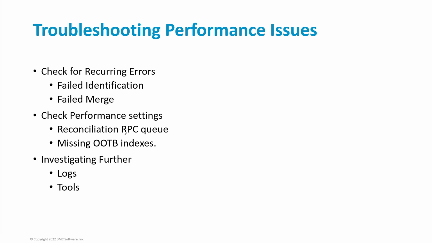We have seen use cases where a reconciliation job runs for hours, but most of the time was used for processing failed data. Once failed data was fixed or removed, the job run time was reduced to under an hour. It is best practice to actively monitor the health of the CMDB, fixing errors as they occur, rather than checking on an ad hoc basis, as this can lead to a build-up of CI errors and potential performance issues.